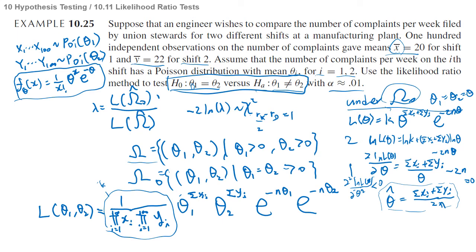Under the other space, theta 1 hat is sum of xi divided by n, and theta 2 hat is sum of yi over n, which are x bar and y bar. So you can calculate it by yourself. Actually this is very similar to here.